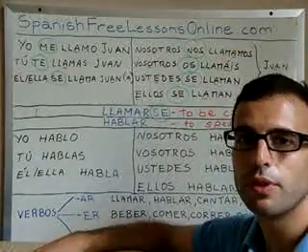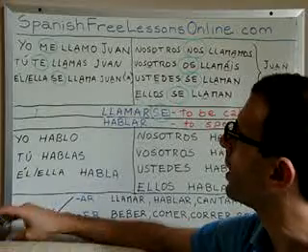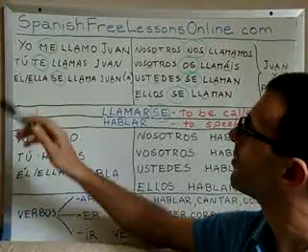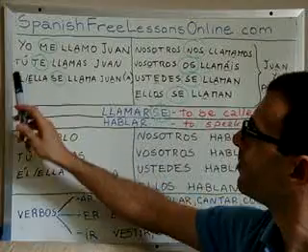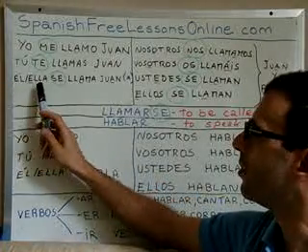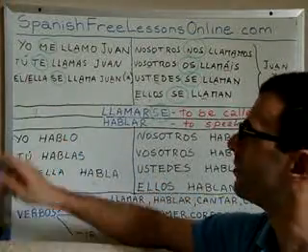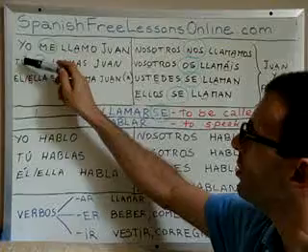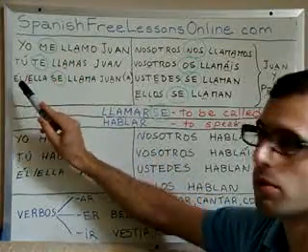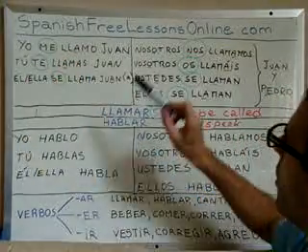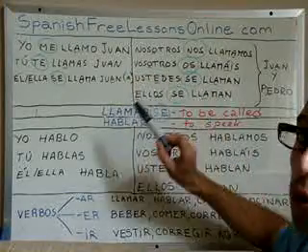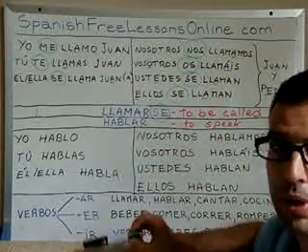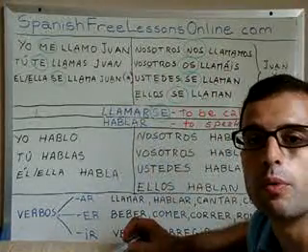Let's review the Spanish pronouns. We have yo, tú, él, or ella. This is for I, you, he, or she. Nosotros, vosotros, or ustedes, depending on which.